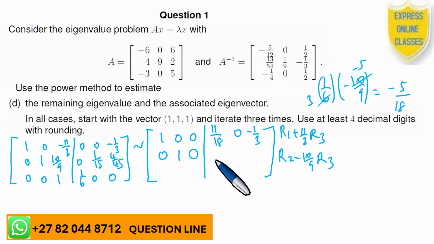Okay, let us write this one here. And then now if you multiply, this one is 1 out of 15. And this one is 4 out of 45.